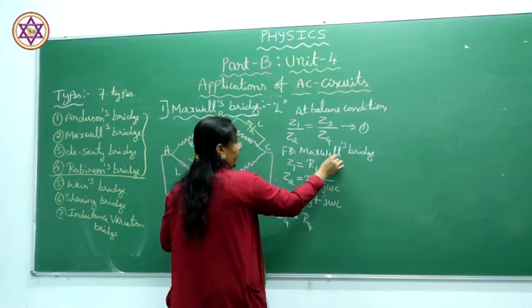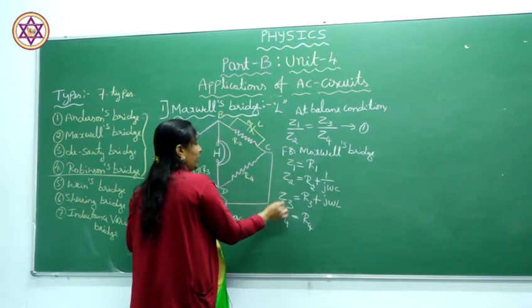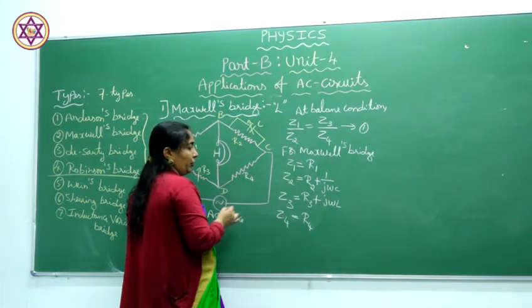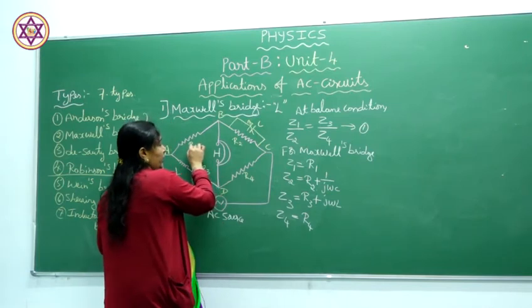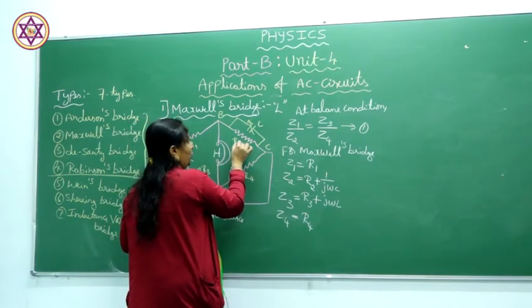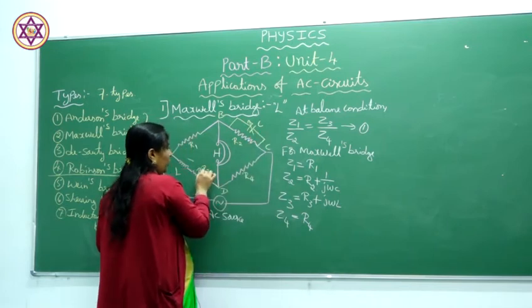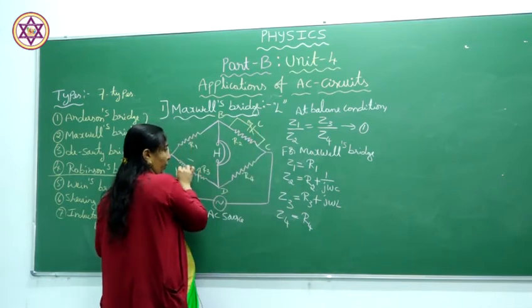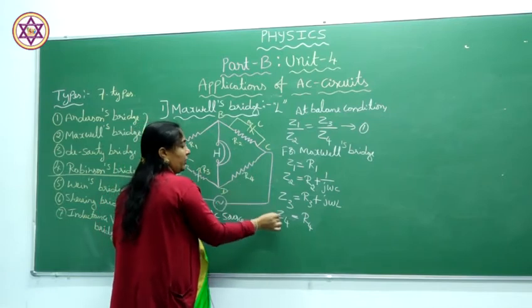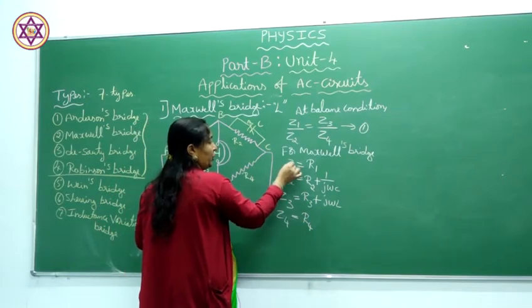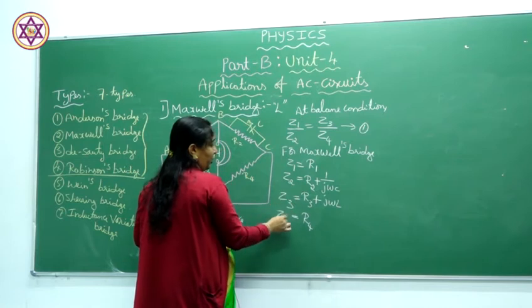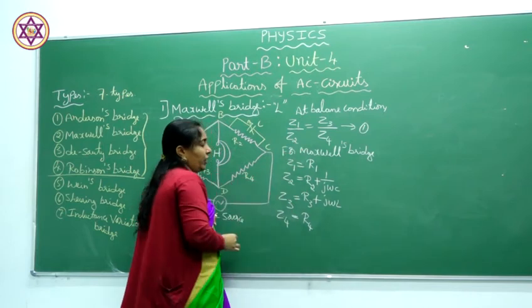For Maxwell's bridge, Z1 is R1, Z2 is R2 in parallel with 1 by j omega C, Z3 is equal to R3 plus j omega L, and Z4 is nothing but R4. Substitute the values of Z1, Z2, Z3, Z4 in equation 1.